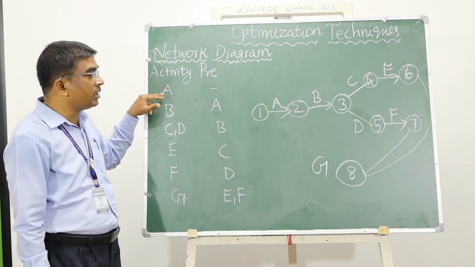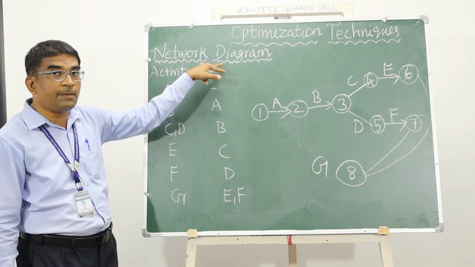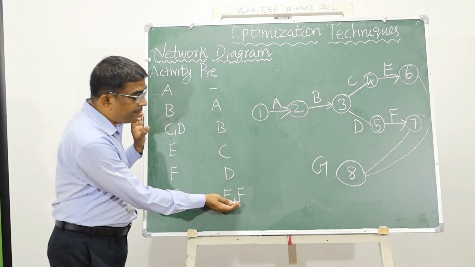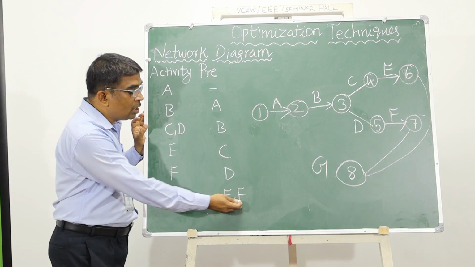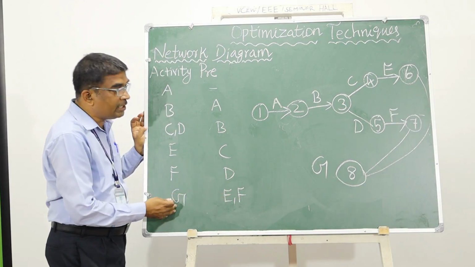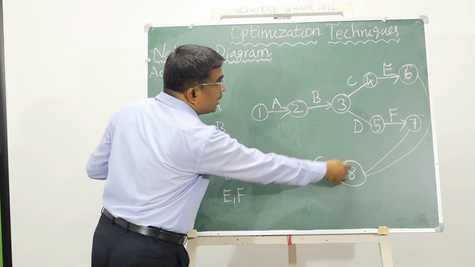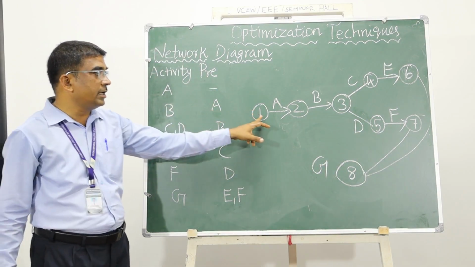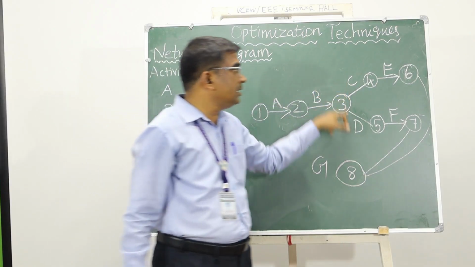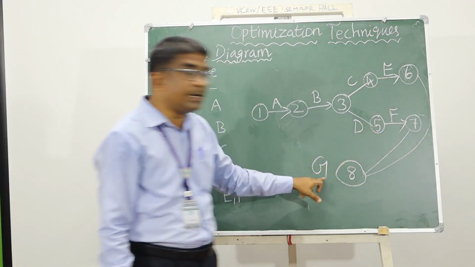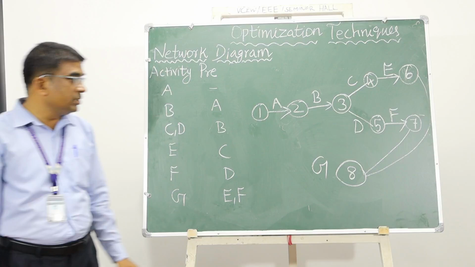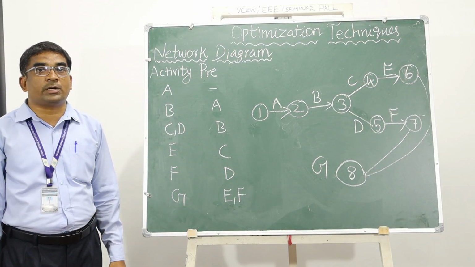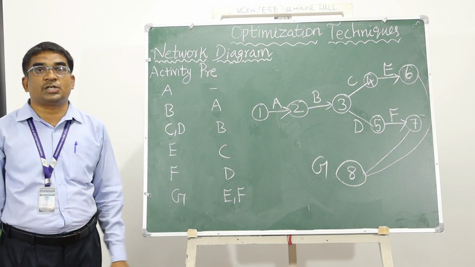So this is how to draw the network diagram from the given activity example. E and F are the two predecessors of node G, so we have connected the two nodes with G. Starting with A, B and C, D, again E, F, and finally connected with node G. This is an example of how to construct the network diagram in an optimization technique.